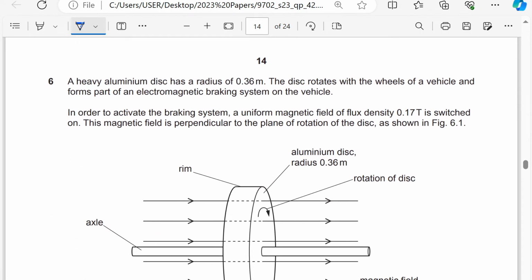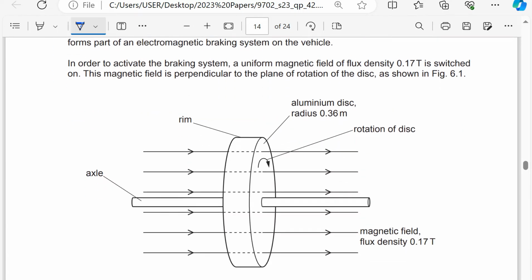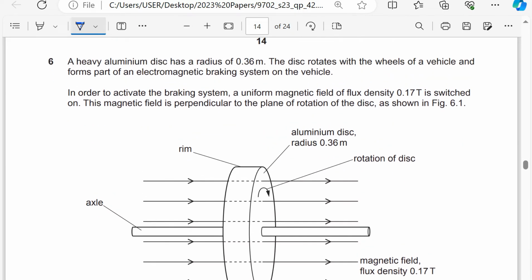I think this is magnetic fields. A heavy aluminium disc has a radius of 0.36 meters. The disc rotates with the wheels of a vehicle and forms part of an electromagnetic braking system on the vehicle. In order to activate the braking system, a uniform magnetic field of flux density 0.17 Tesla is switched on.